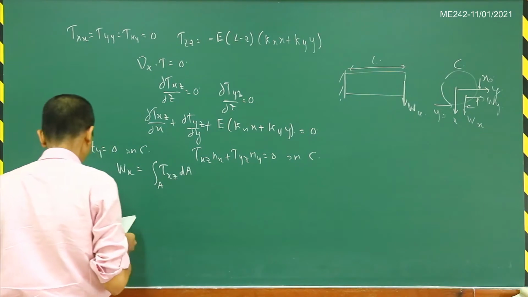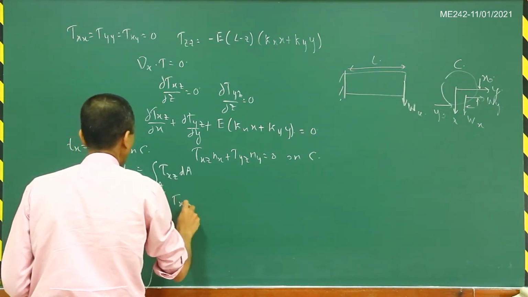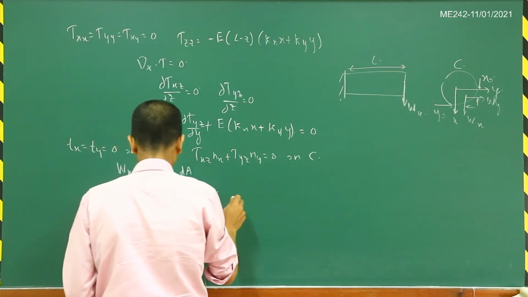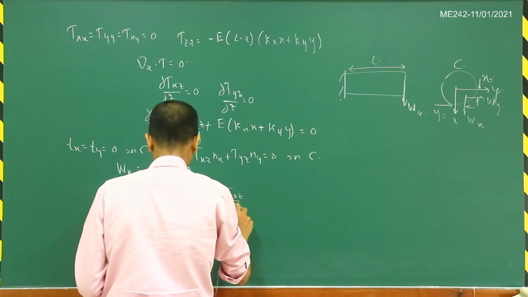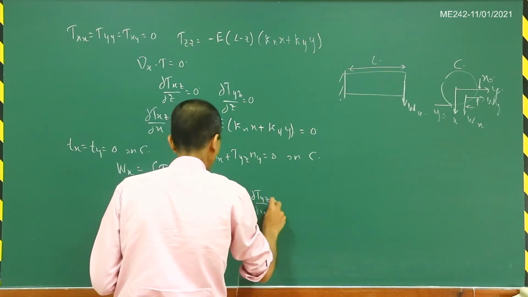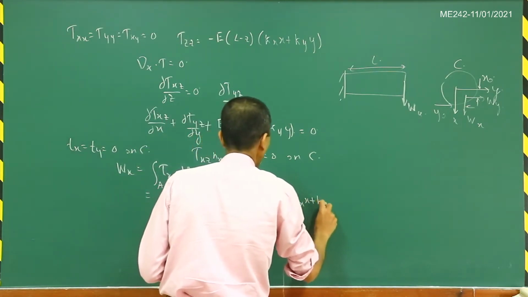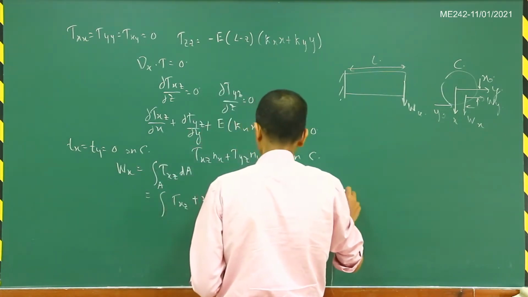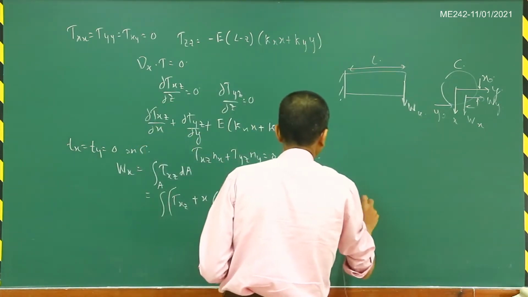So that is equal to integral of tau xz plus x times (del tau xz by del x plus del tau yz by del y plus E times (kappa x times x plus kappa y times y)), the whole thing times dA over A.